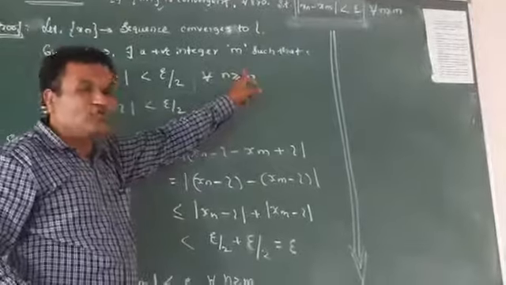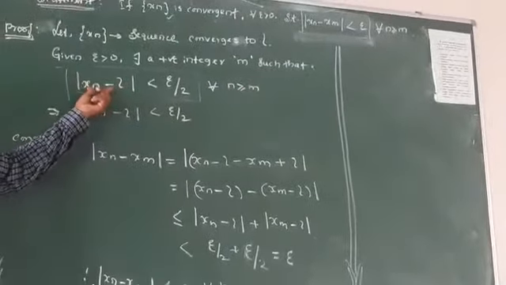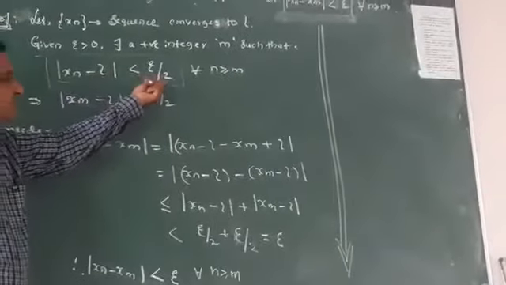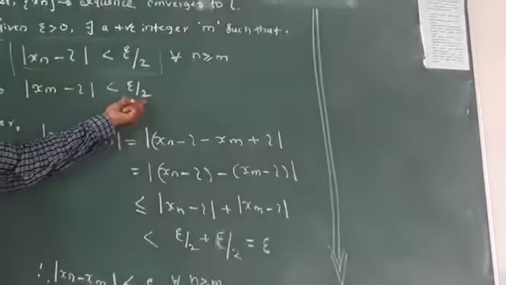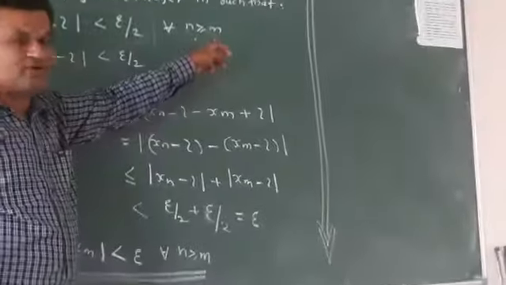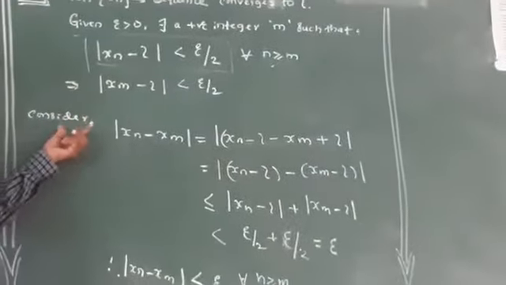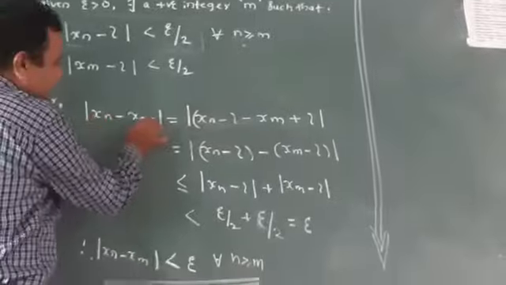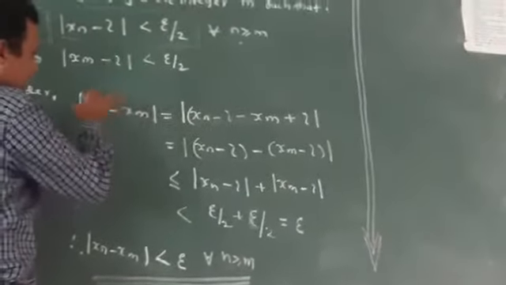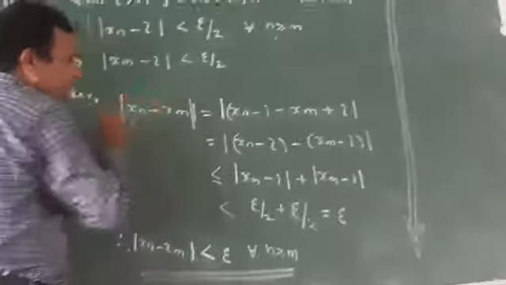Two indices, n and m, are there. For that purpose, modulus of Xn minus L is less than epsilon by 2 and modulus of Xm minus L is less than epsilon by 2, for every n, m greater than or equal to N. So we have to consider Xn minus Xm.